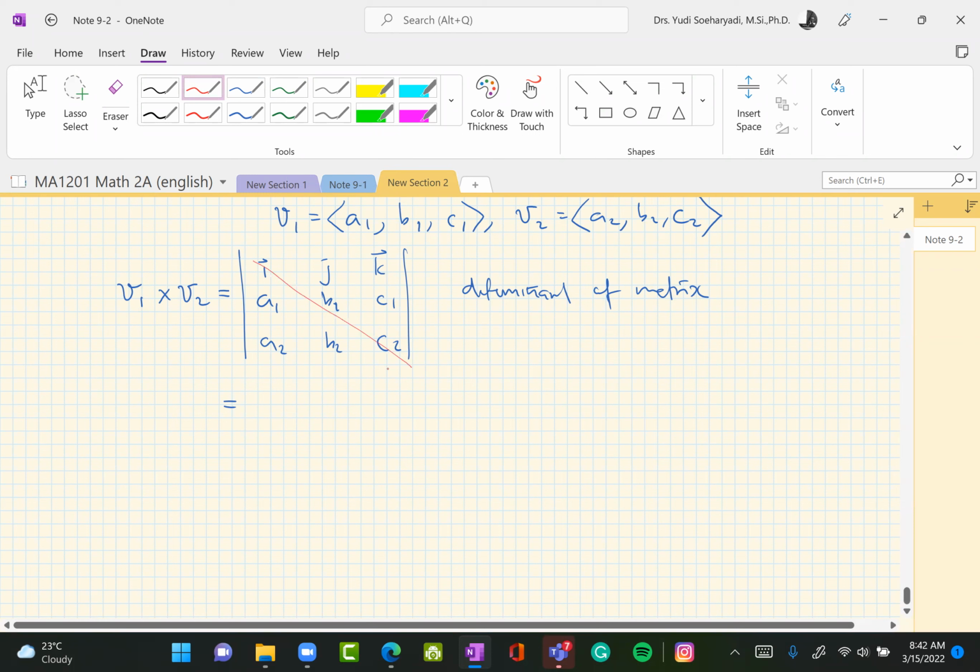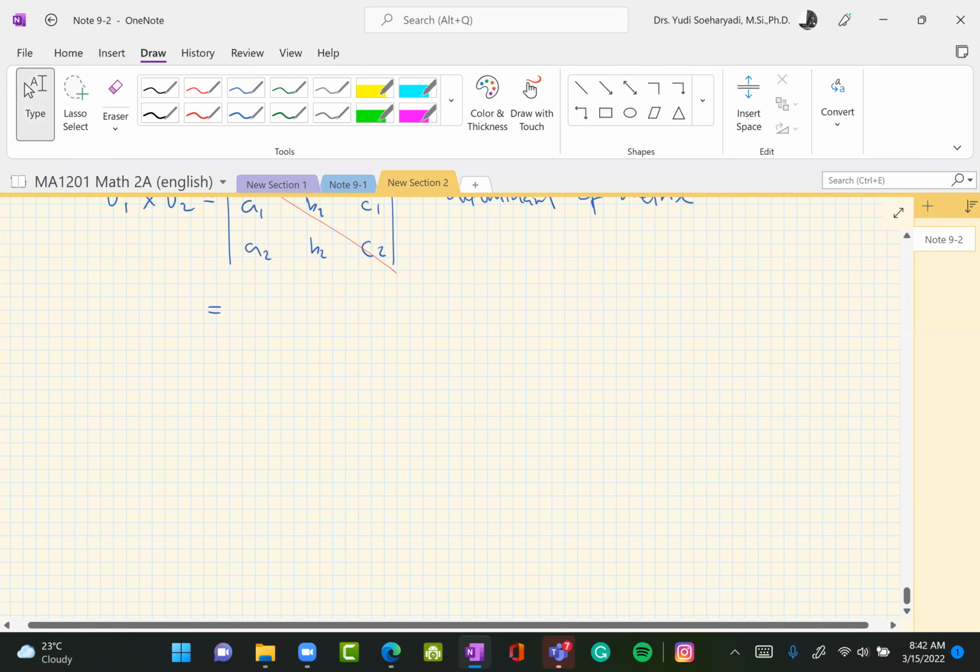Do you remember this method for computing the determinant of a 3 by 3 matrix?